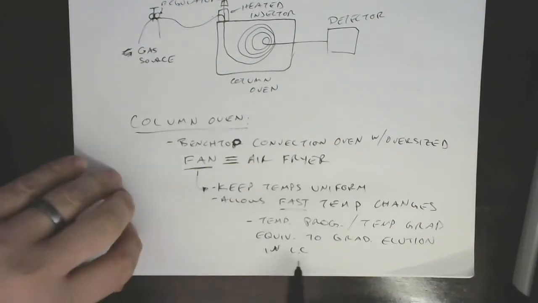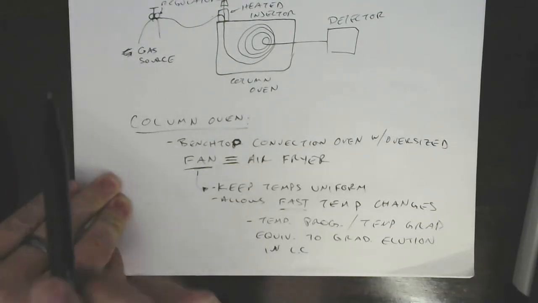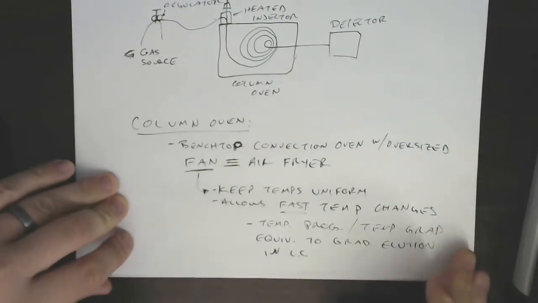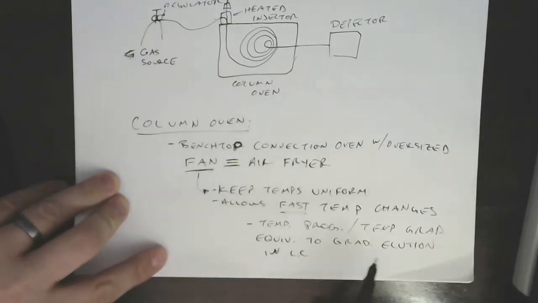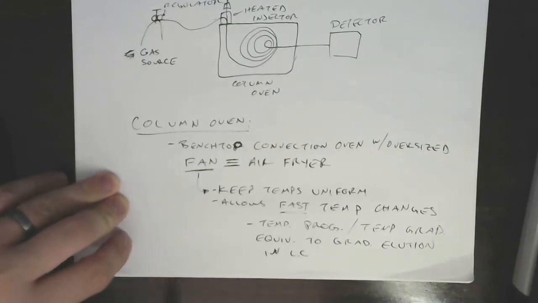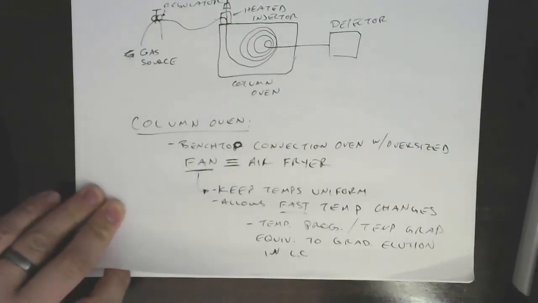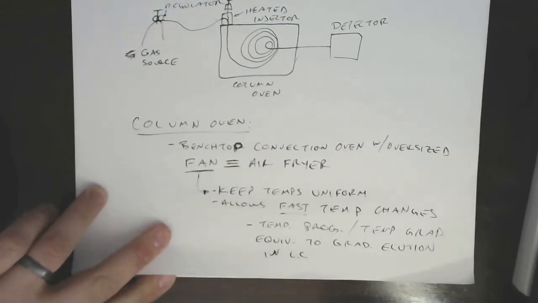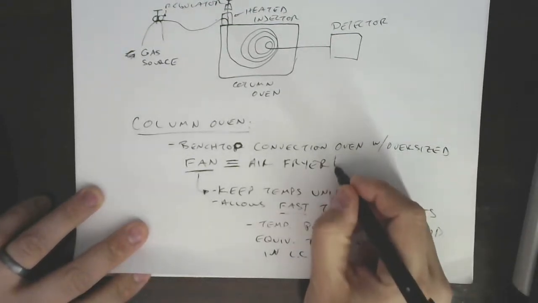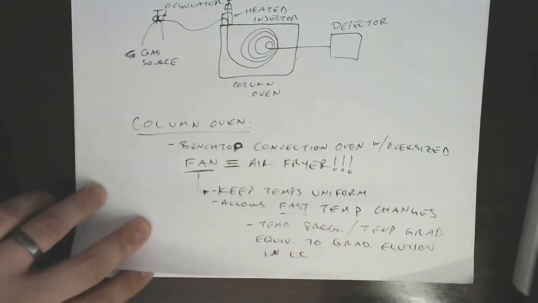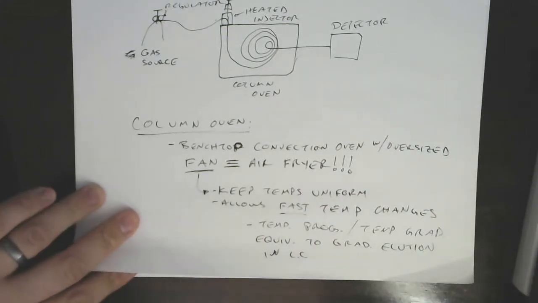Rather than a stronger mobile phase, because the carrier gas, the mobile phase in GC, doesn't play an extraction component, so you can't make it stronger, what you do is make the temperature less favorable for adsorption on the column, and stuff comes off the column. All right, that's everything I want to say about the column oven. Just be as excited as I am that a column oven is actually just an air fryer. Really nice, fancy, precise one that you can control temperature really well on, but that's literally all it is.